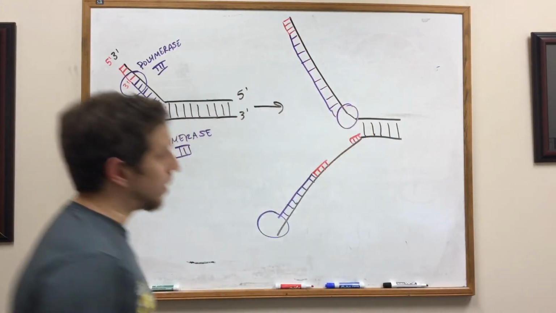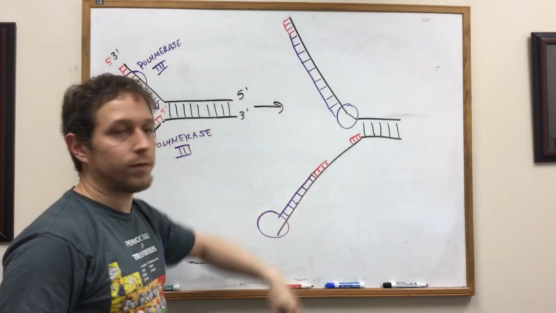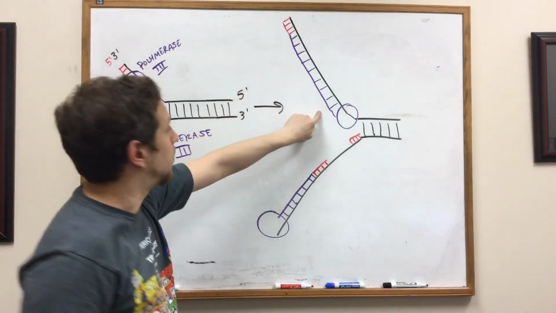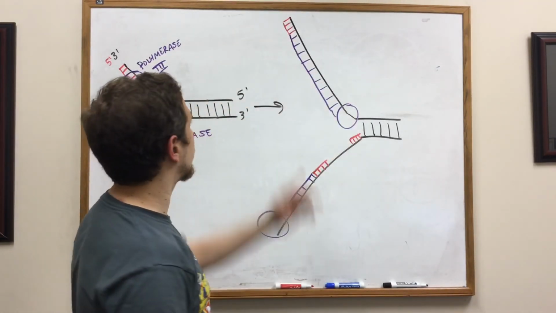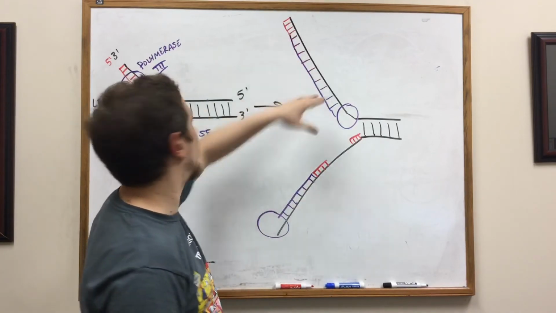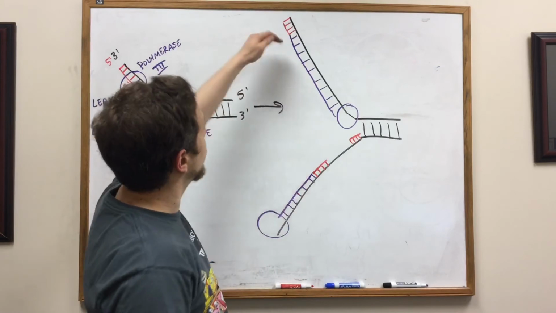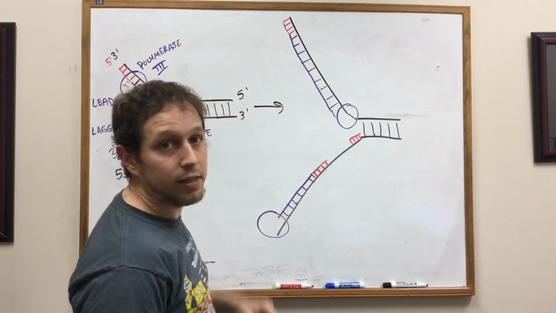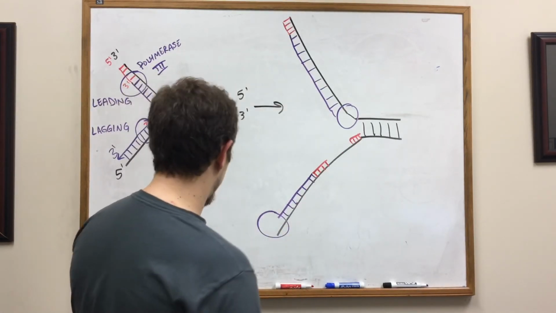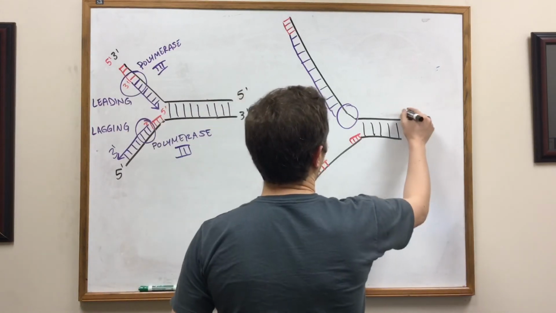And so what you wind up getting is these two different scenarios. In one, the polymerase just continuously moves along the top strand, or whichever strand is the leading strand. It's not always the top, but in this case it is. So it moves along the leading strand, synthesizing our new molecule of DNA, moving into the replication fork.